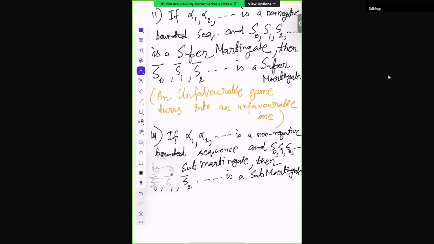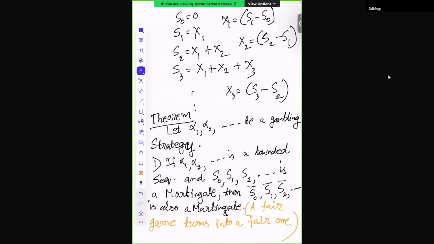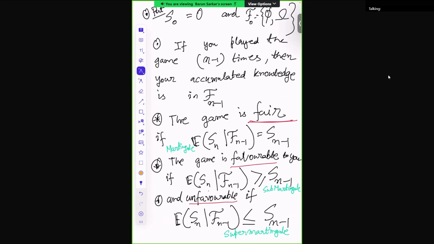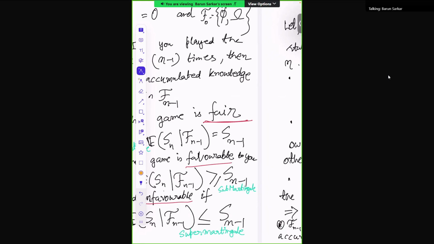So in a sense, from the definition, submartingale means favorable. Okay? If you have a submartingale, that means the favorable one.